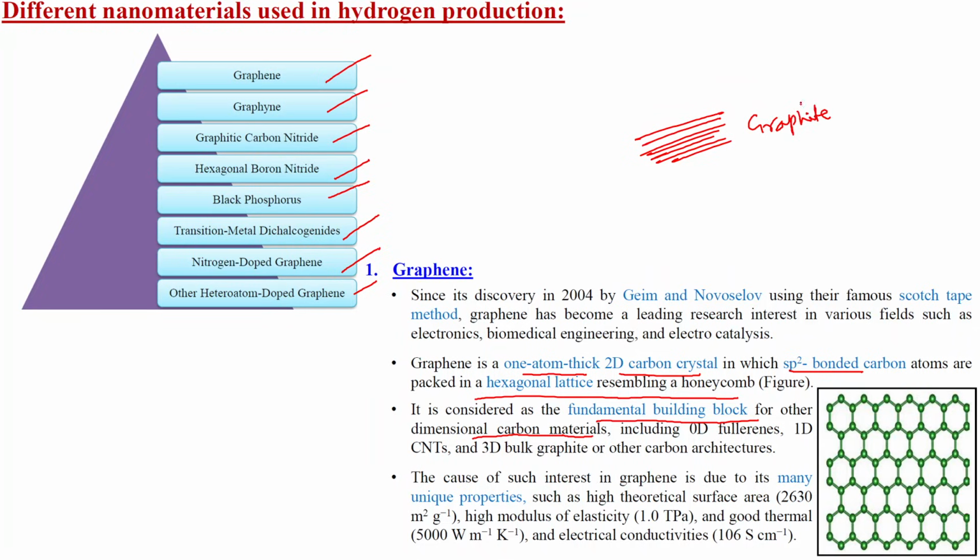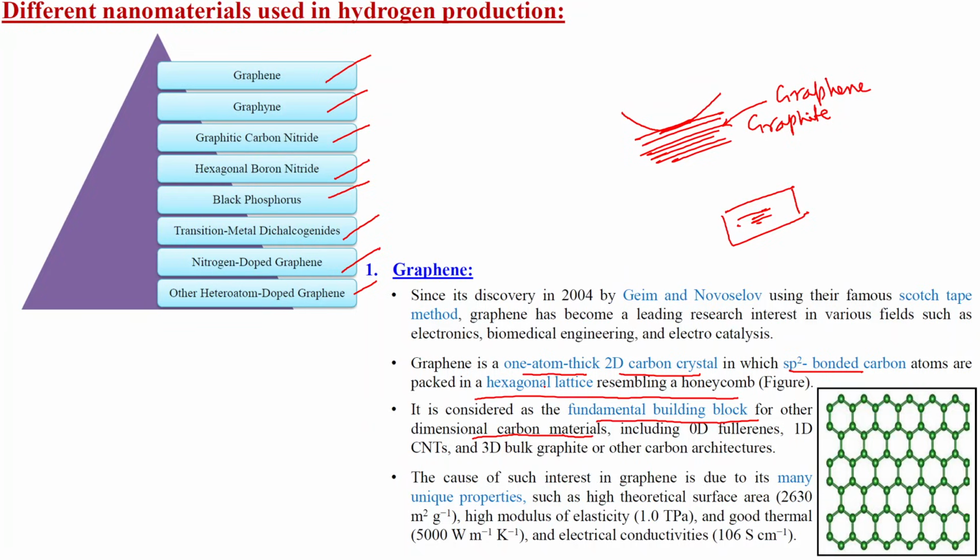Okay, so if you take a scotch tape and put the tape over the graphite, and then take it off, over the tape you will see a single layer like this. If you consider this single layer, this is graphene. Okay. So basically, a single layer of graphite is graphene.